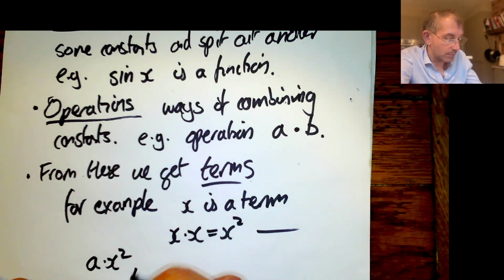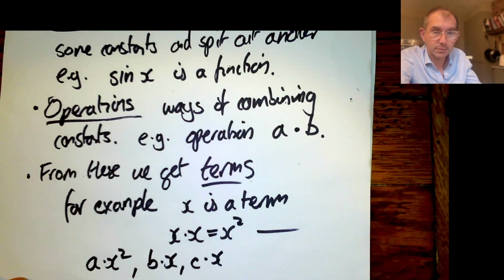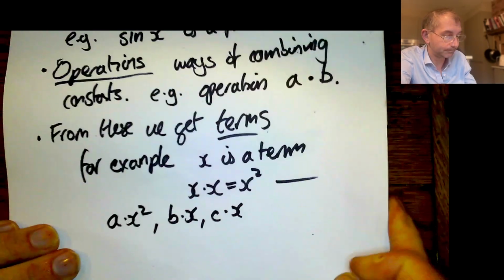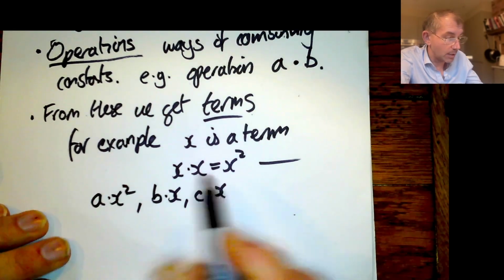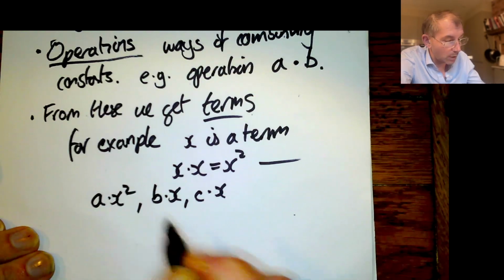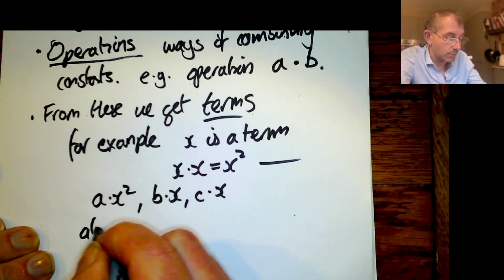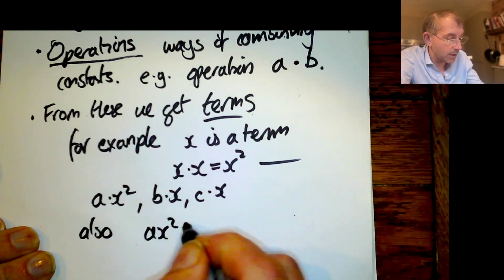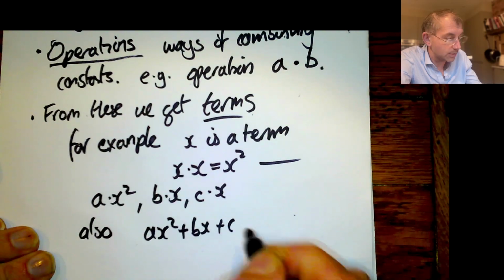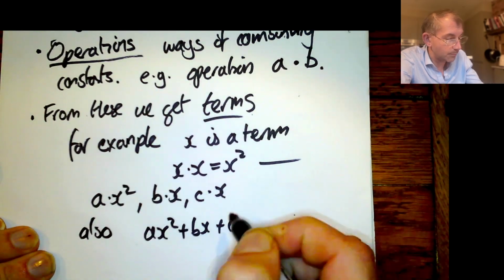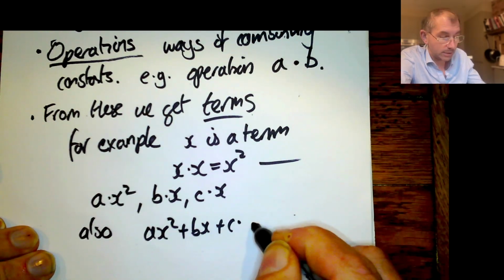So this is a term. So is b times x. So is c times x. These are all terms. And then I can add them up. So also ax squared plus bx plus c is a term.